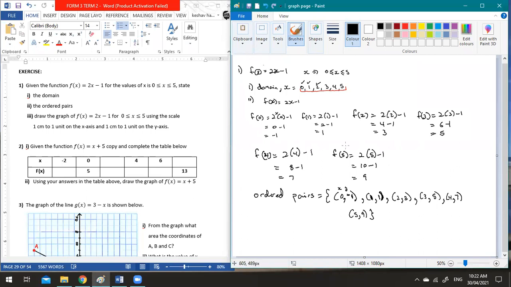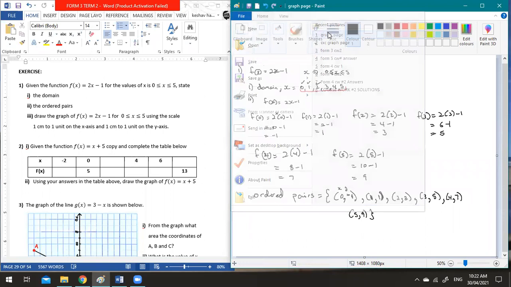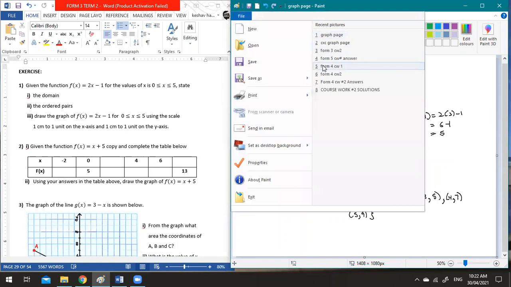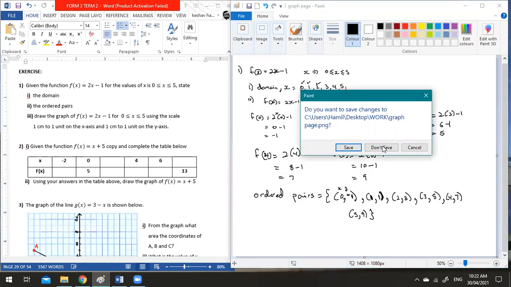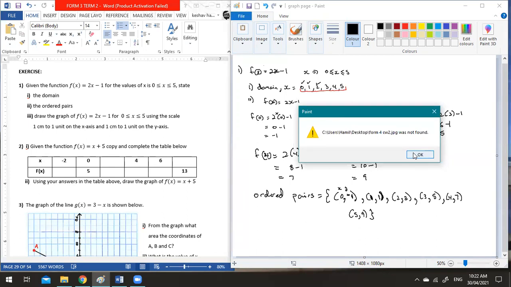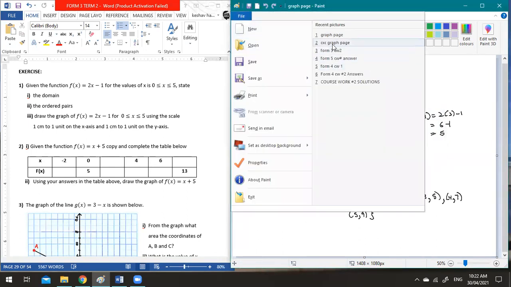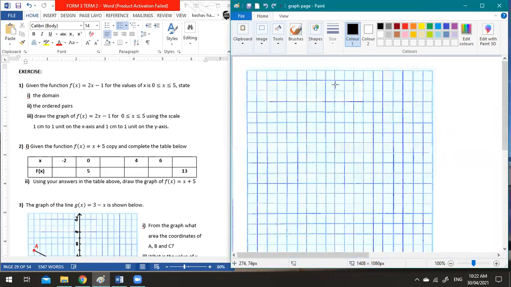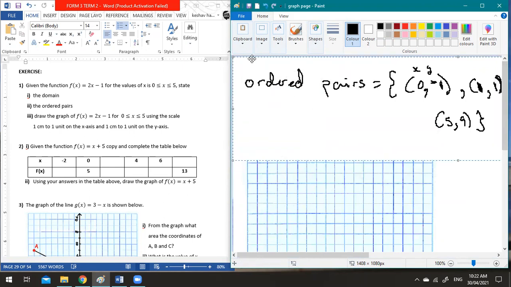Alright, so I need the ordered pairs part. So let me copy that. Paste this somewhere I could see it to write it.